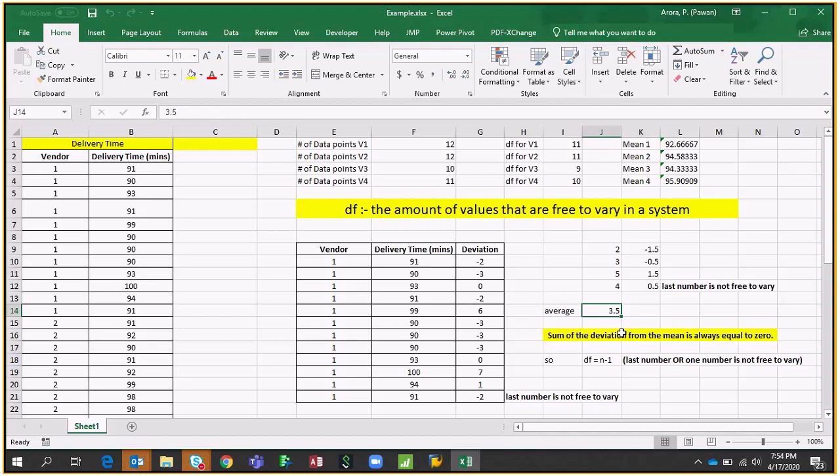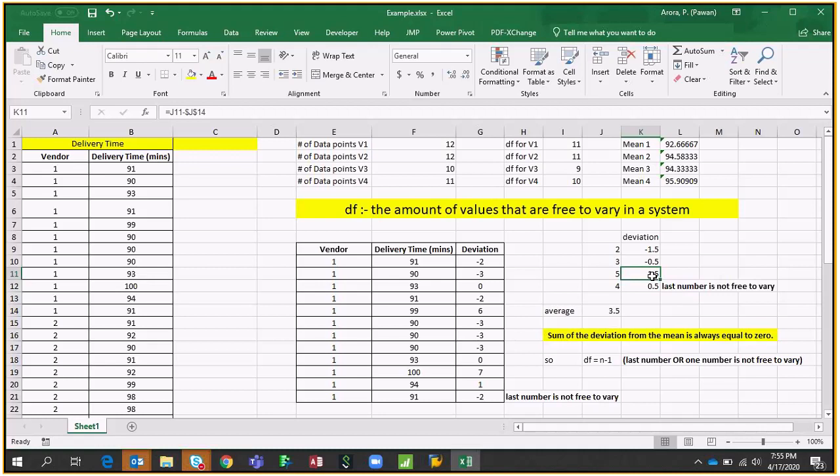Okay. So if I take the deviation of these data points from the mean, these are nothing but the deviations, right? So 2 minus 3.5 is minus 1.5. 3 minus 3.5 is minus 0.5. 5 minus 3.5 is 1.5.